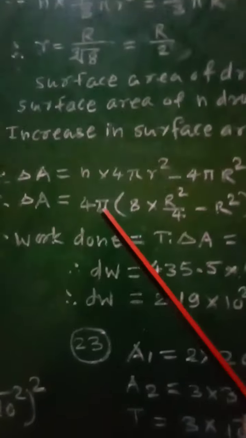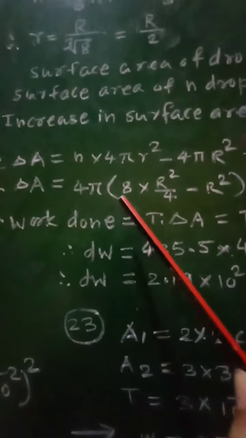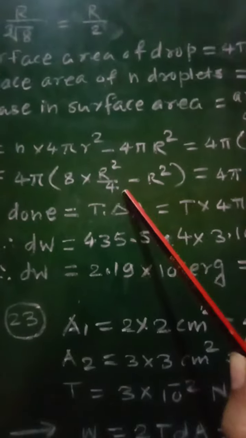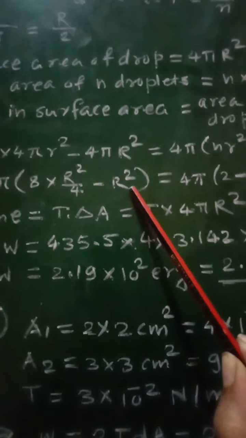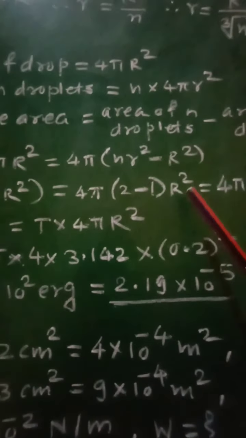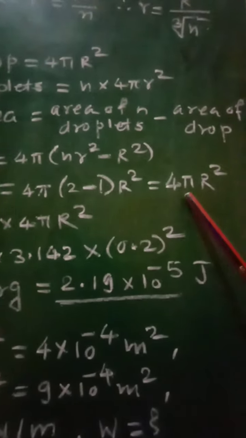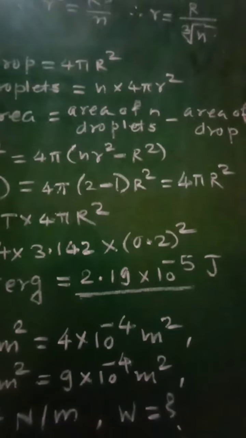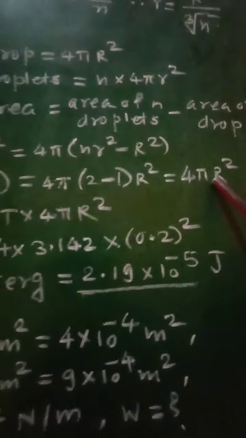And therefore we can write delta A equal to 4 pi into 8 into R square by 4 minus R square, which will be equal to 4 pi into 2 minus 1 R square, which comes out to be 4 pi R square. So delta A is equal to 4 pi R square.